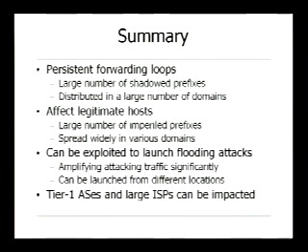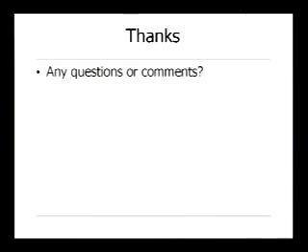Because it can amplify the flooding traffic in the link, it will affect the link and any ISPs that are involved in the forwarding loops. Finally, we found that all Tier 1s and large ISPs will be impacted if someone launches a flooding attack using persistent forwarding loops. So that's all. Thanks.